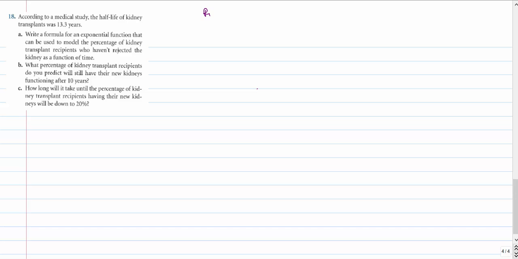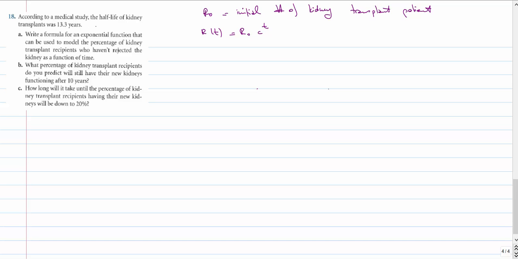Let's say R sub 0 is the initial number of kidney transplant patients, then R of t as a function of time is R sub 0 times c to the t.